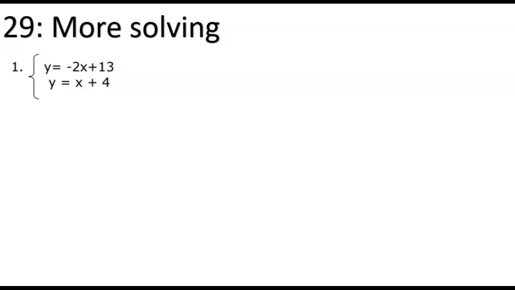Going to solve this one by substitution. To solve it by substitution, I showed you how to divide your paper into 3 columns. But it is not mathematically necessary to divide it into 3 columns. It just helps you keep things organized.